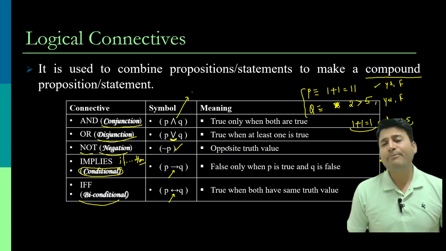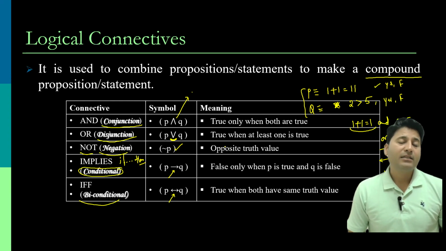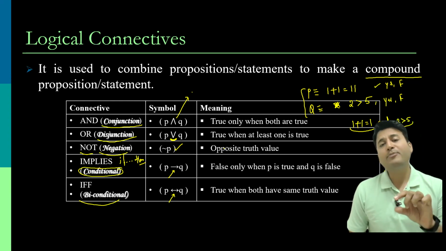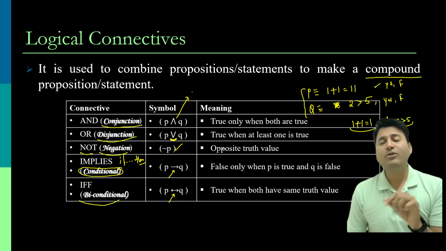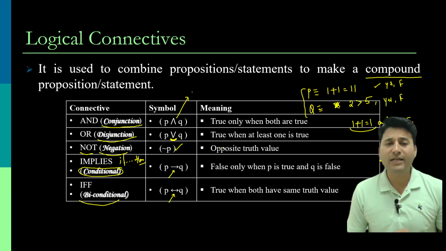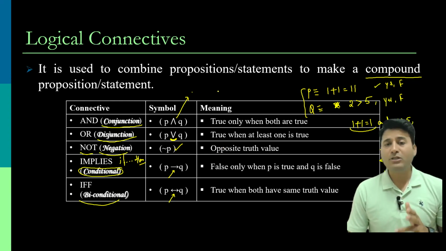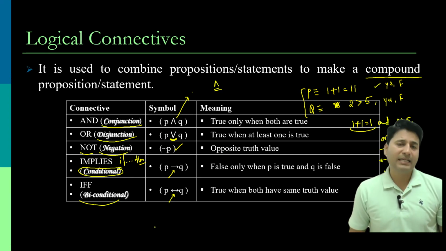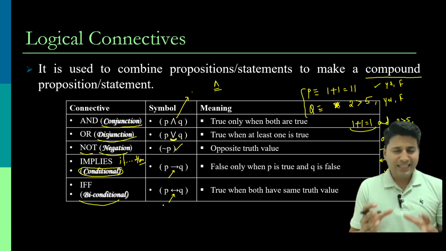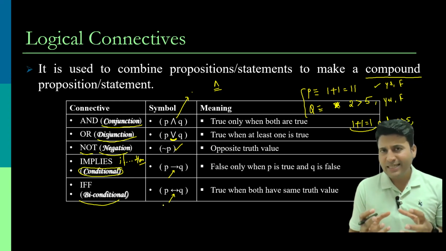Now, when we make a compound proposition, that means a compound proposition is also a proposition, so it should also have its truth value. When I am talking about the AND connective, we can use our common sense too.